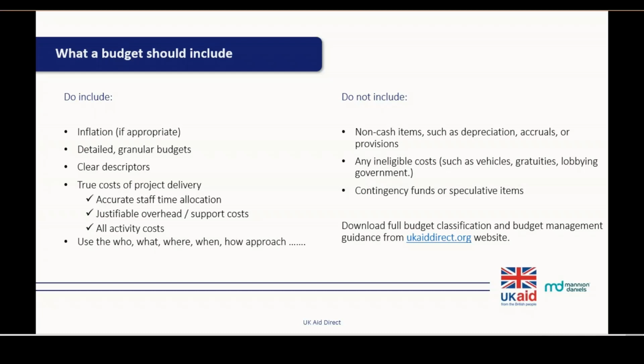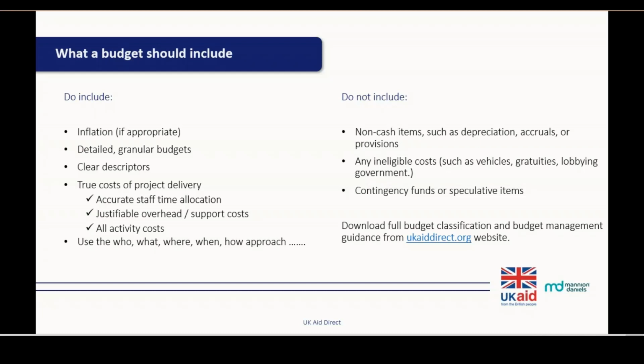It's not enough to just include 1 or 2 budget lines for all of the project activities that are taking place. Likewise, do include clear descriptors. It's really important that the reviewer reviewing your budget gets a clear picture of the project and can link it back to your work plan and back to the narrative.